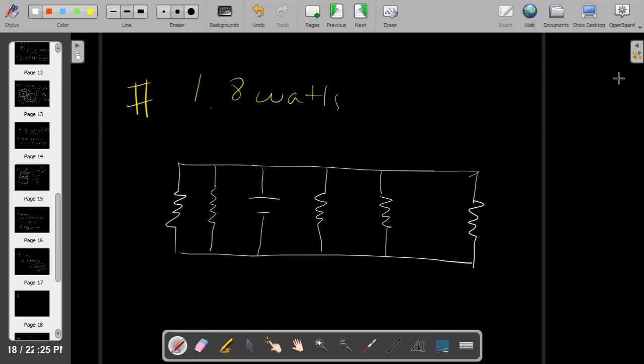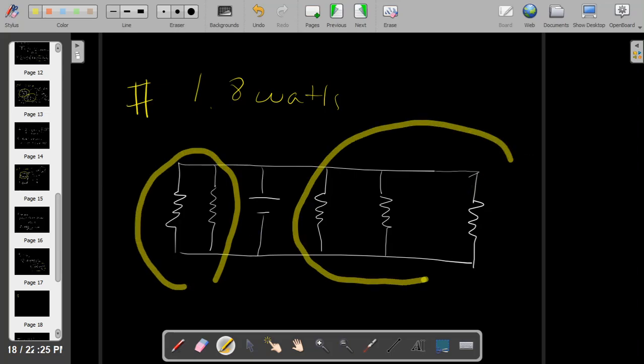So hopefully you can simplify this. See that this is an area, here's another area of parallel circuits. And we need to kind of simplify. Let's start by simplifying those areas. And then what does it become? Let's try that first.